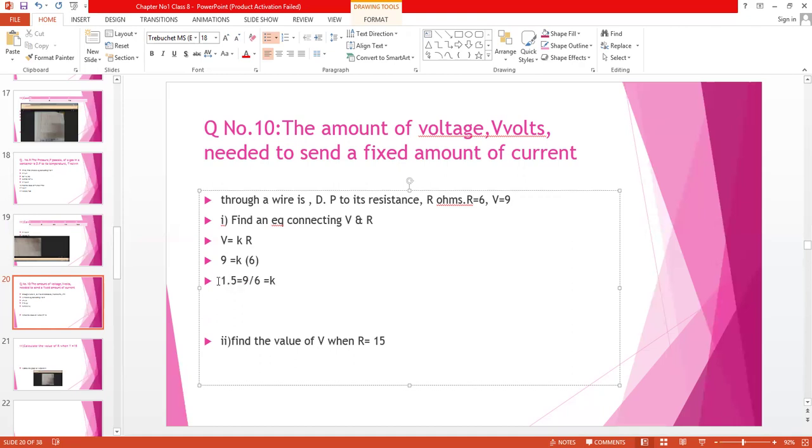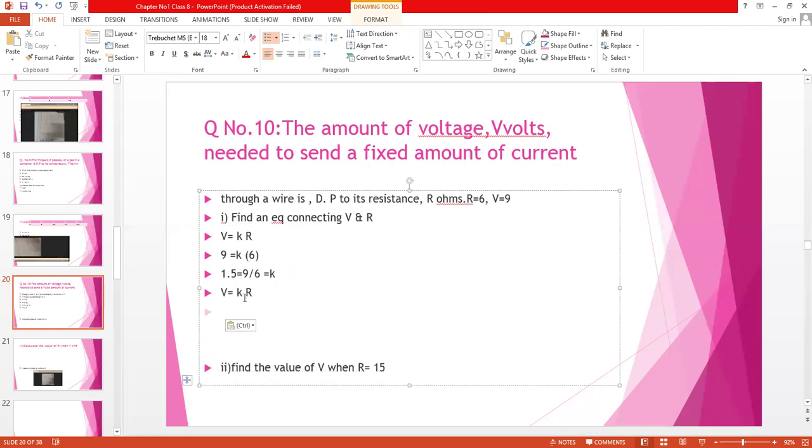Clear? Now I have to put it here to connect it. So instead of writing K, I will write its value, that is 1.5. This shows the change in V is 1.5 times the change in R. Both are increasing, but the change depends upon this constant K.